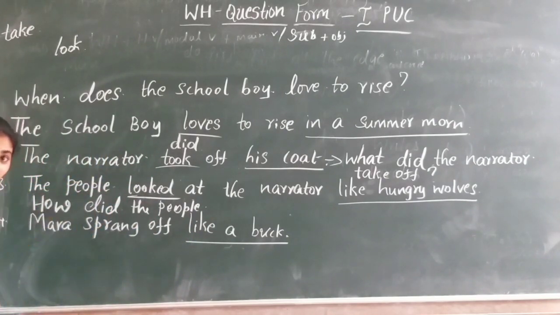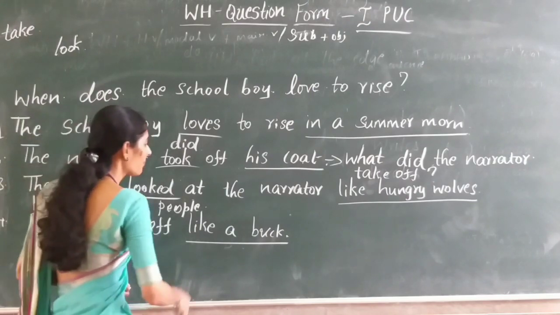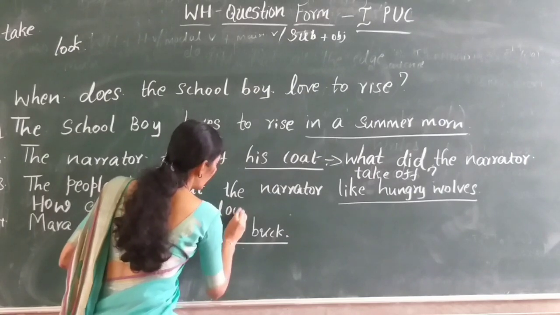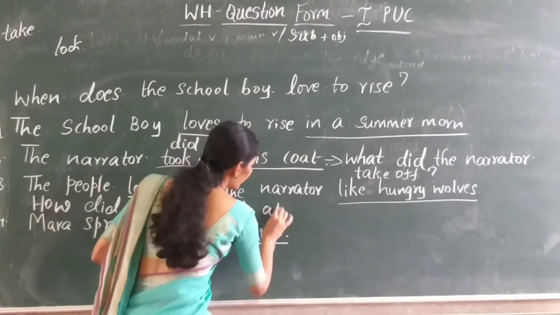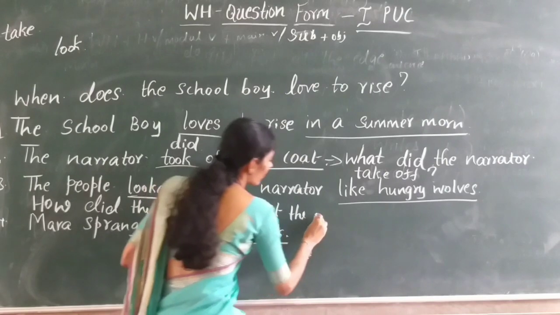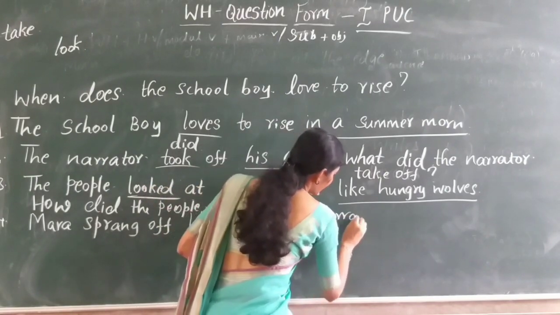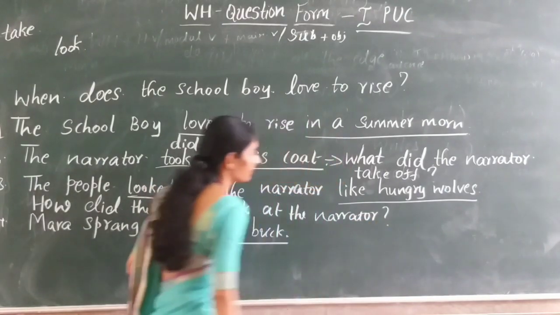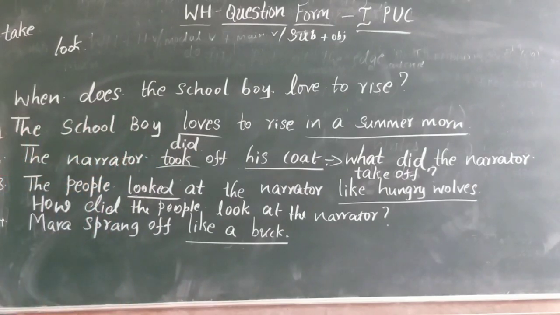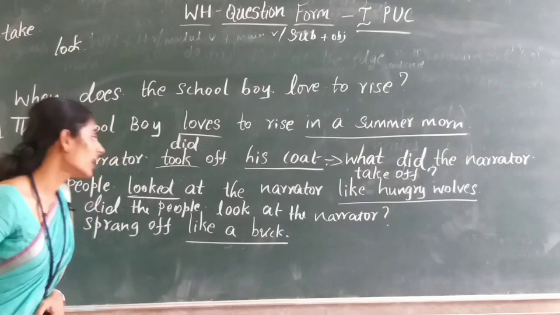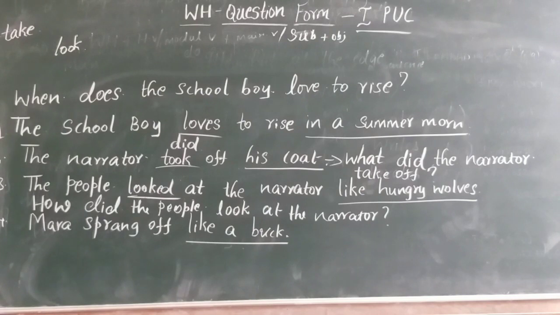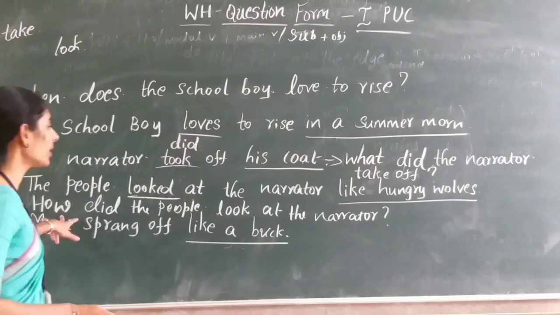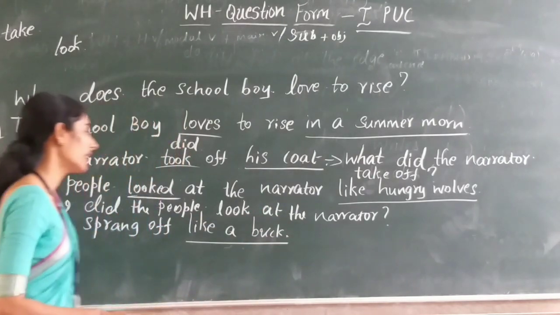You cannot write looked, but you have to write look. So how did the people look at the narrator? So the people looked at the narrator like hungry wolves. So the question, how did the people look at the narrator?